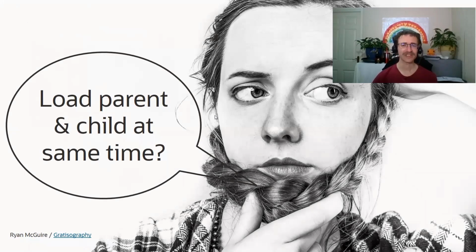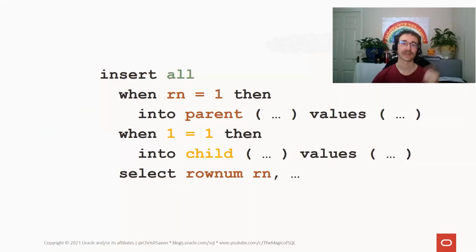First thing to note here is, let's say we've got some source data and we want to split it into parent and child. Normally the parent values will be repeated once for every child row in the table. So we want to ensure they only get inserted once.